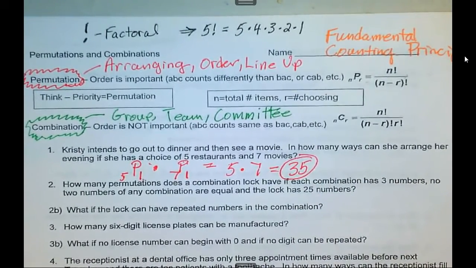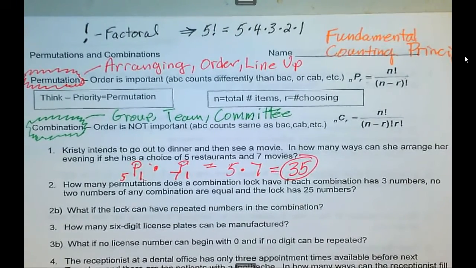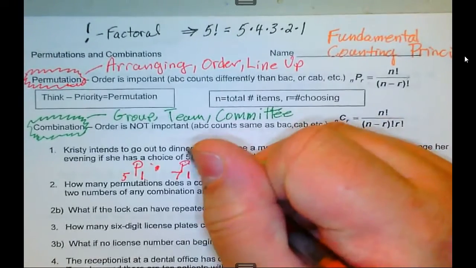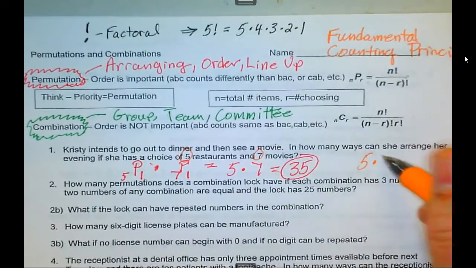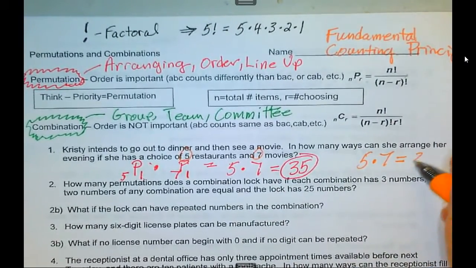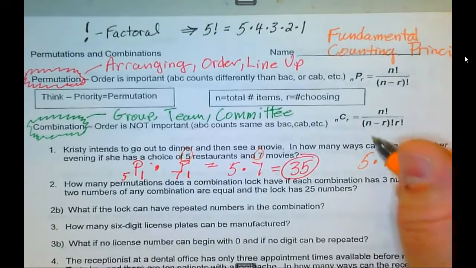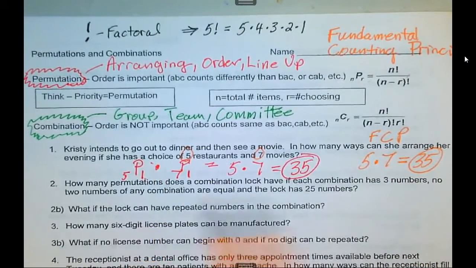Again, a permutation is also a fundamental counting principle where we could have just taken 5 times 7 to get 35. So this would be the fundamental counting principle, and this would be the permutation way.